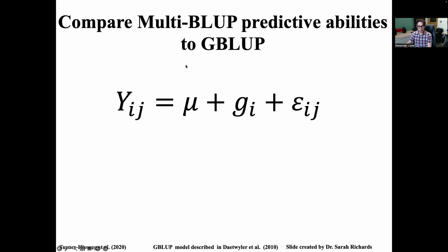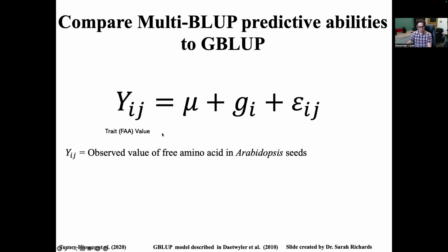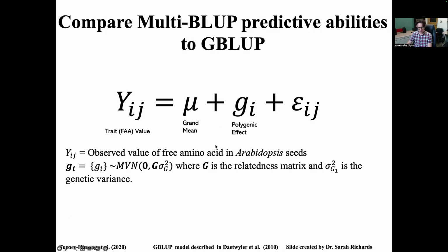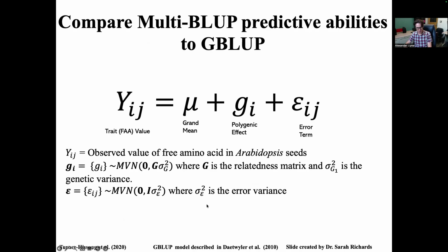And we compare it to a standard GBLUP model, okay, where we have Yij as defined in the previous slide, a grand mean, and then this polygenic effect, which just uses all markers throughout the genome, regardless of whether they're near the orange dots or not, okay? So it does not account for those a priori candidate genes. And then we have our error term.